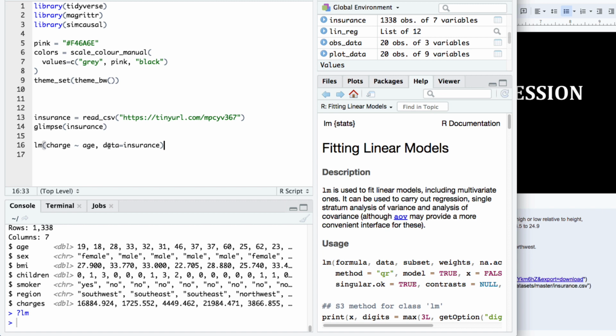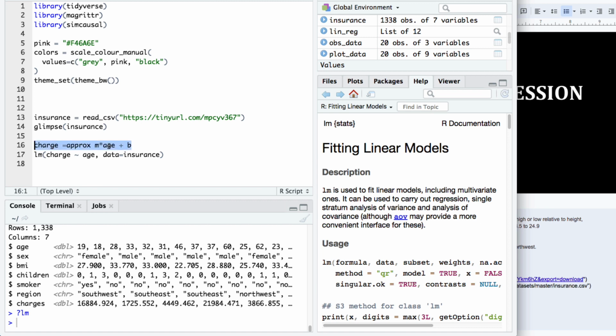This thing here is called, in R, a formula. It's a little bit of syntax that is trying to abbreviate what the functional form is supposed to look like. What we're really saying here is that I want charges to be approximately equal to some slope times age plus an intercept.